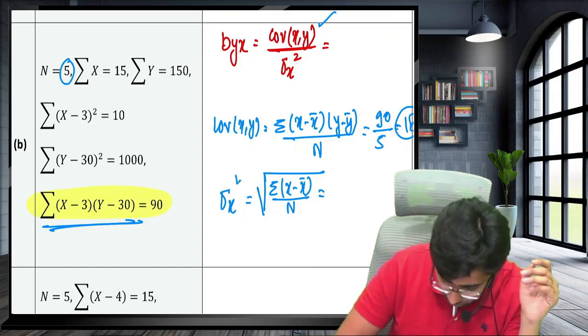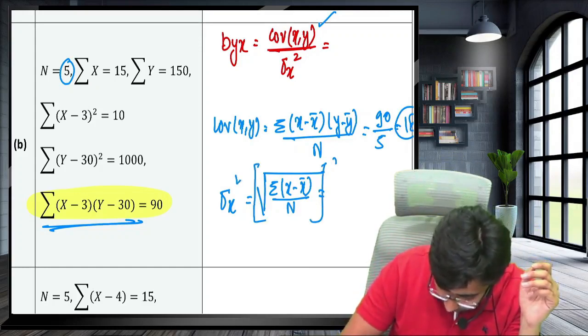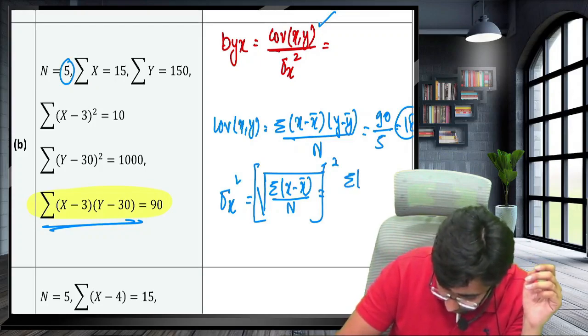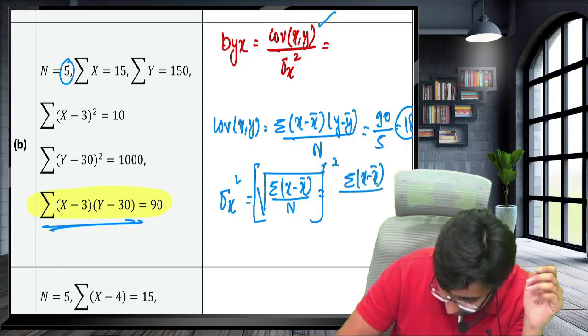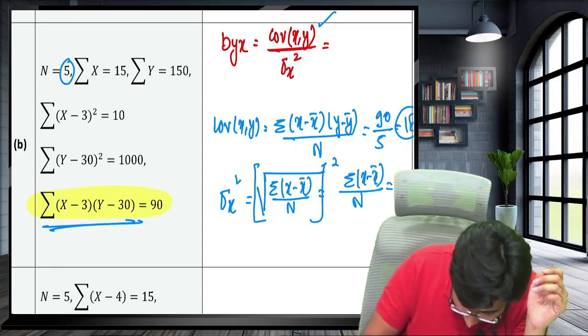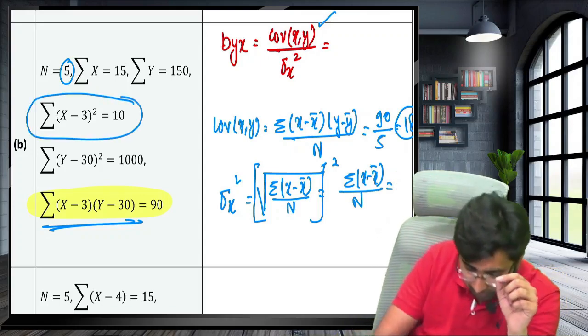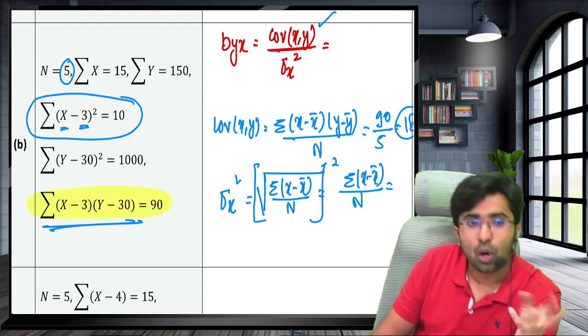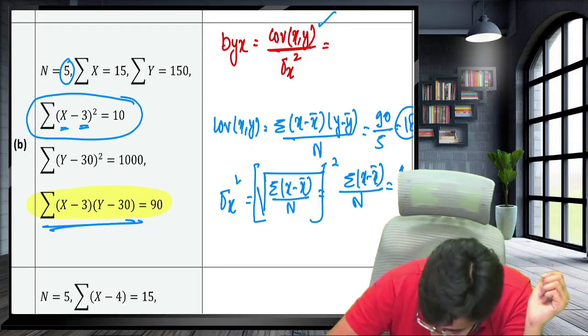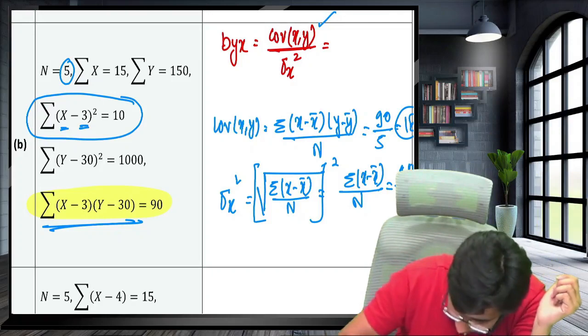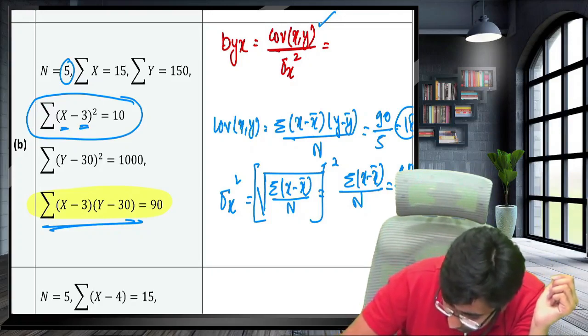Guys, when you take the square of this, under root will be removed. Now you will have to calculate only summation of x minus x bar whole square divided by n. What is summation of x minus x bar whole square? That is 10. How much is the n? 5. Guys, you have calculated it, 2.